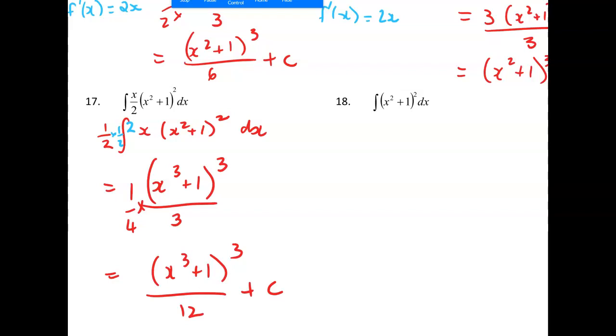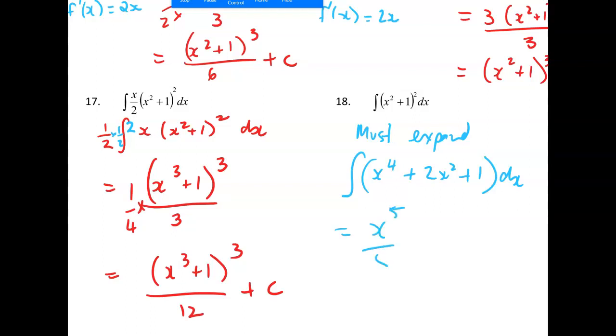And because we don't have that, we can't anti-differentiate this one in the same way as all the others. So you are forced to expand this one. So that becomes x to the 4 plus 2x squared plus 1. And then we would anti-differentiate that as per normal. So that becomes actually pretty straightforward.